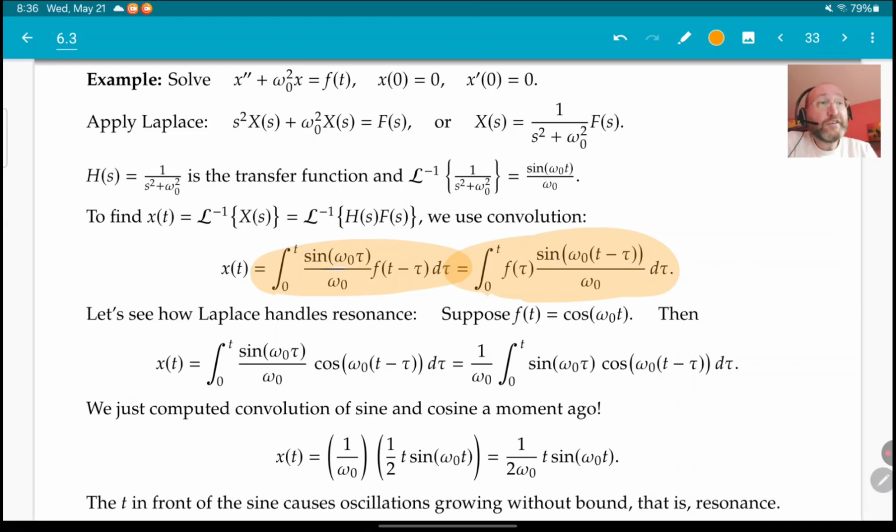Now notice that I have the solution written as a definite integral for any f. Now that I have this solution, I basically solved it for all different f. I can just start plugging in different f's and get different solutions.